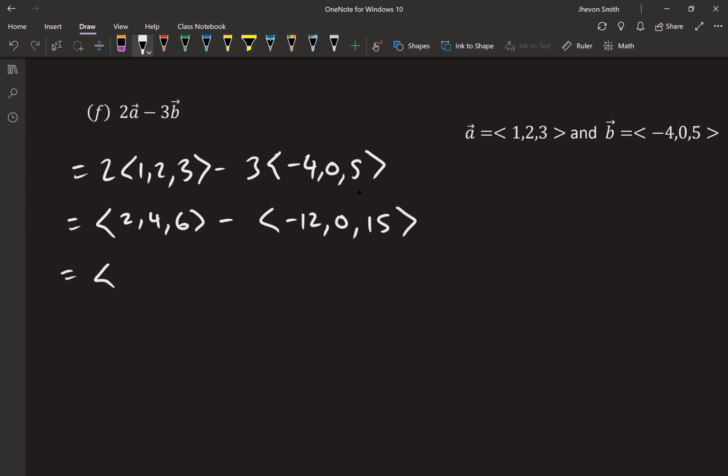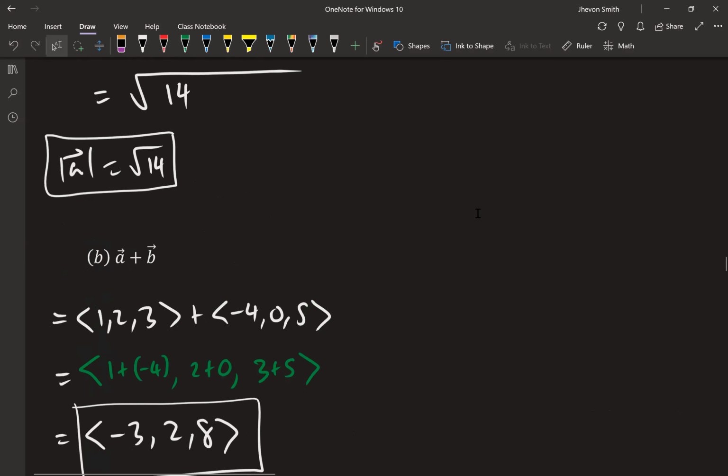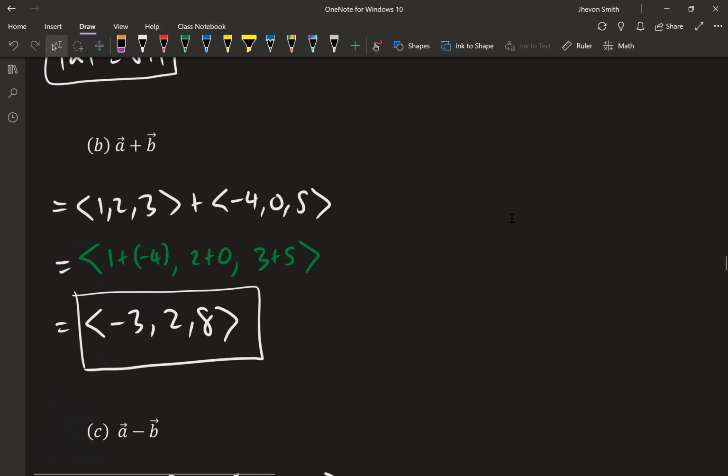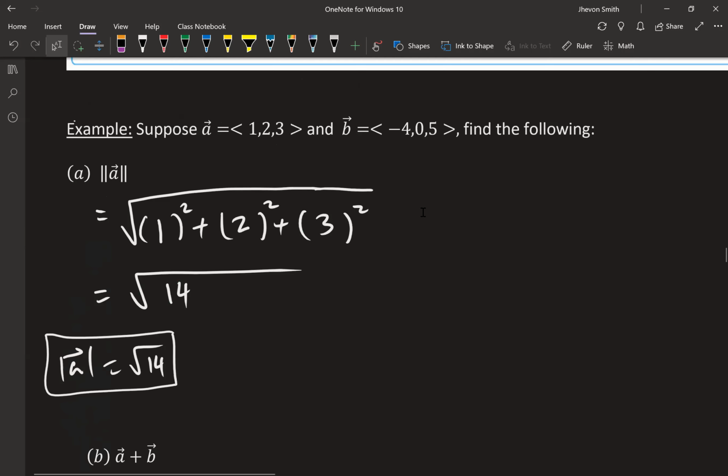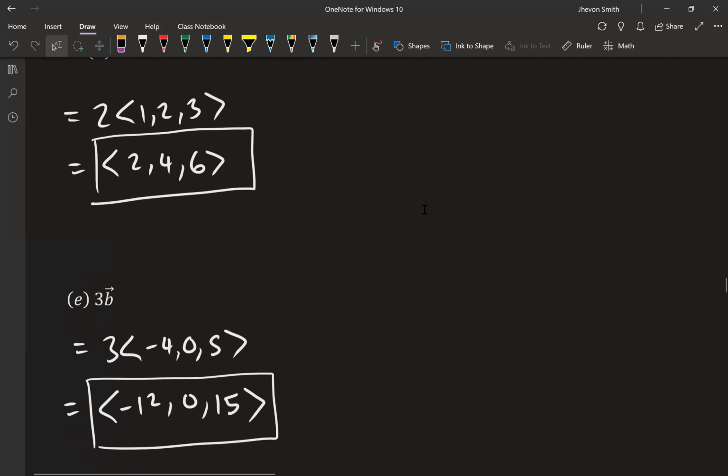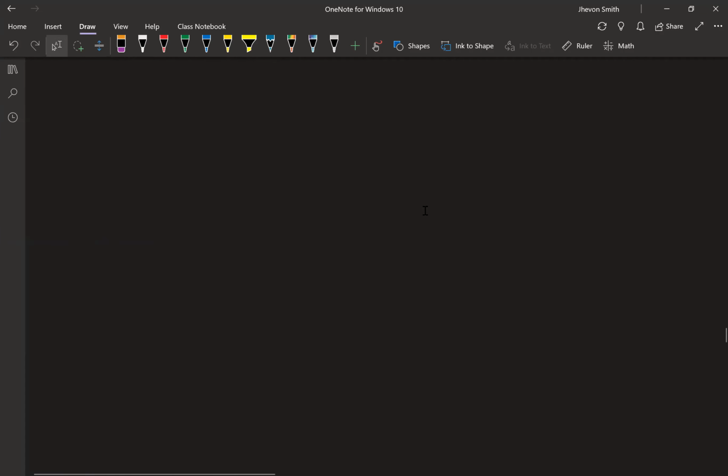So that's going to be 2 minus minus 12, 4 minus 0, and 6 minus 15. And there we go. All right, nothing too crazy there. Those were just all the computational examples we had here. Not super interesting or complicated, but very important that you know how to do those.